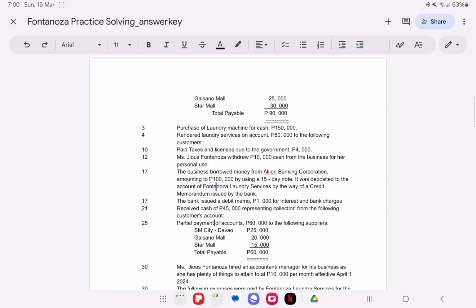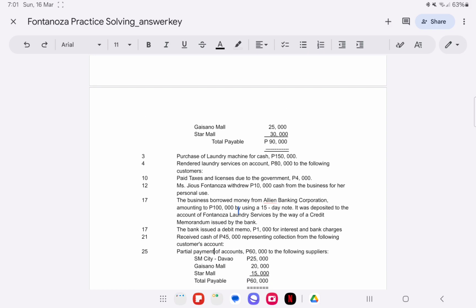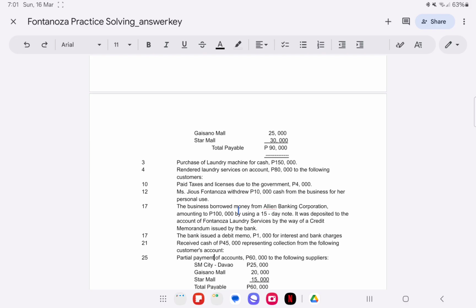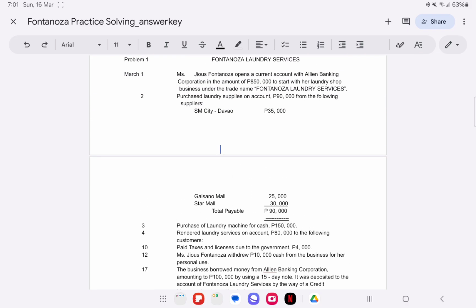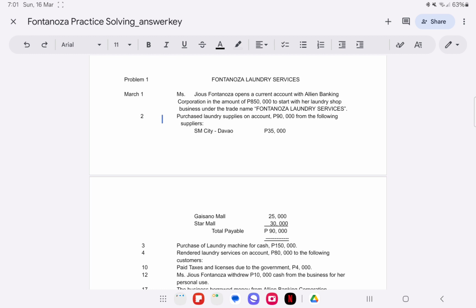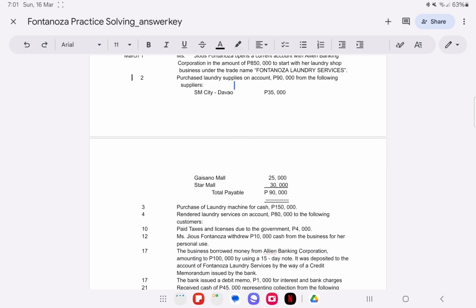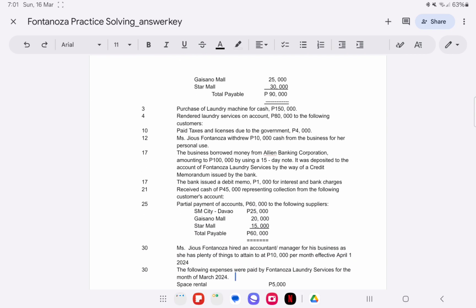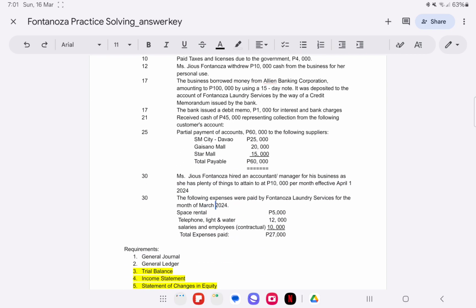So go back to the previous transaction wherein katong nangutang ka sa imuhang laundry services nga supplier. Okay, so this is in transaction number 2. So since your original obligation is 90,000, your partial payment is 60,000. So what's your value received? Okay, unsay imong madawat?